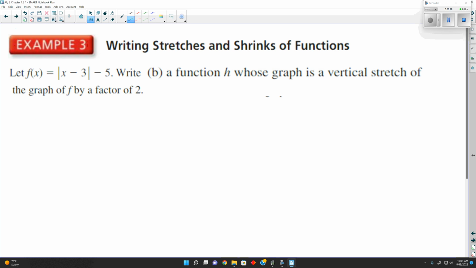So when we look at this first one here, let f of x equal the absolute value of x minus 3 minus 5. Write a function h, so h of x, whose graph is a vertical stretch of the graph of f by a factor of 2. So when we talk about vertical stretch or shrink, we're looking at a times f of x.